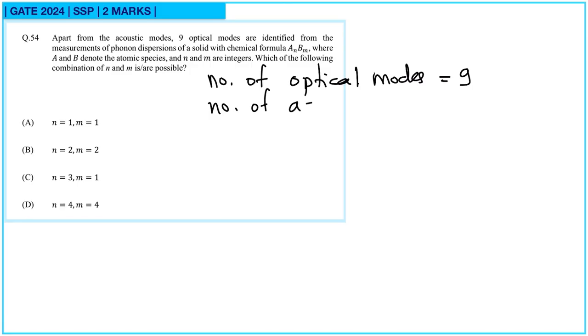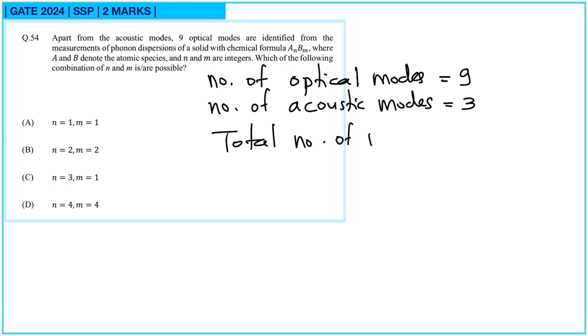Similarly, the number of acoustic modes will be 3, because if it is 3-dimensional, then it will be 3. So that means the total number of modes is equal to 12, and that will be equal to 3 into some constant P. So this is 3, and this will be 3 into P minus 1.